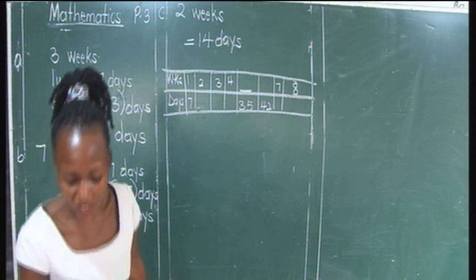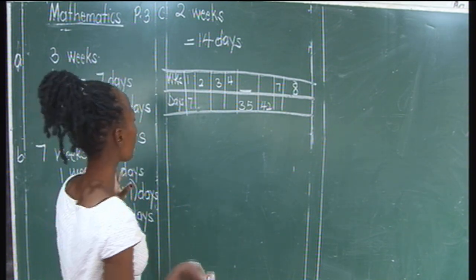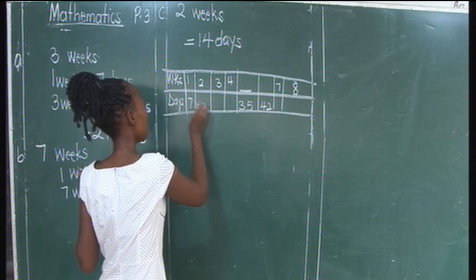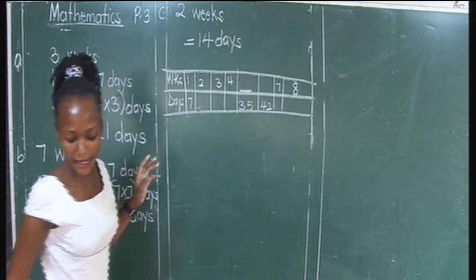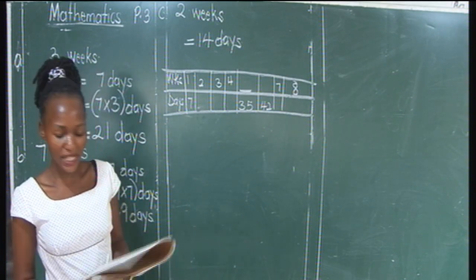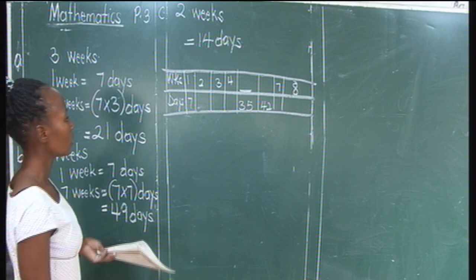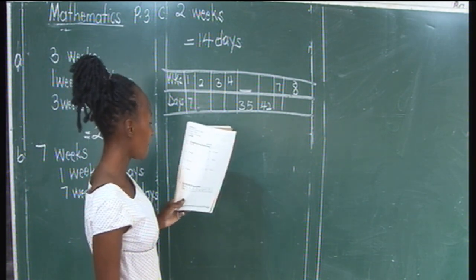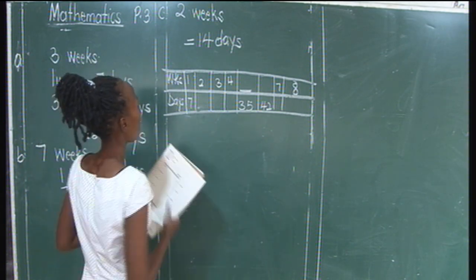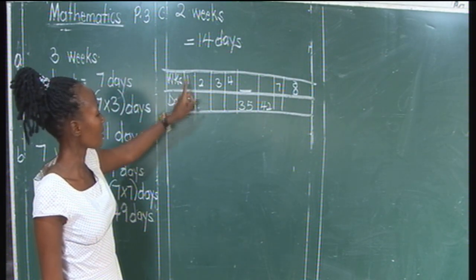Okay. Now those remaining ones, you complete them. You just keep multiplying, then you change into the days. Let's first look at number 2. They've told you to complete the table below. Now here we have the weeks and then the days. They are telling 1 week is having 7 days.